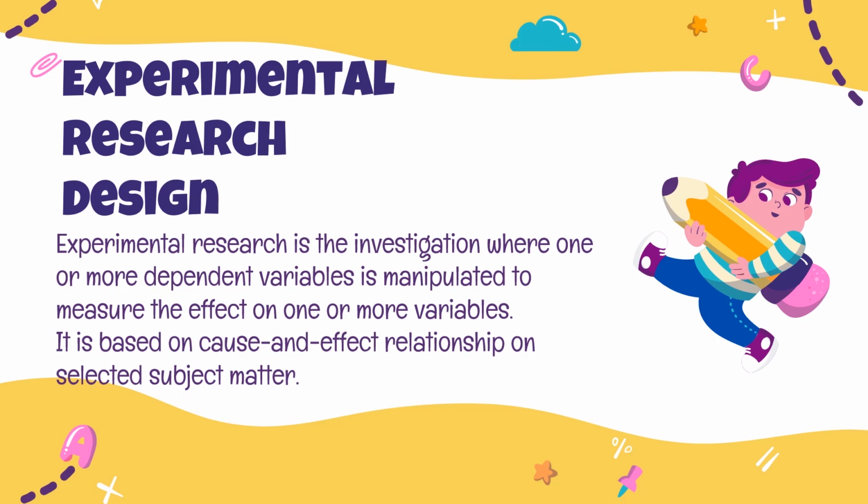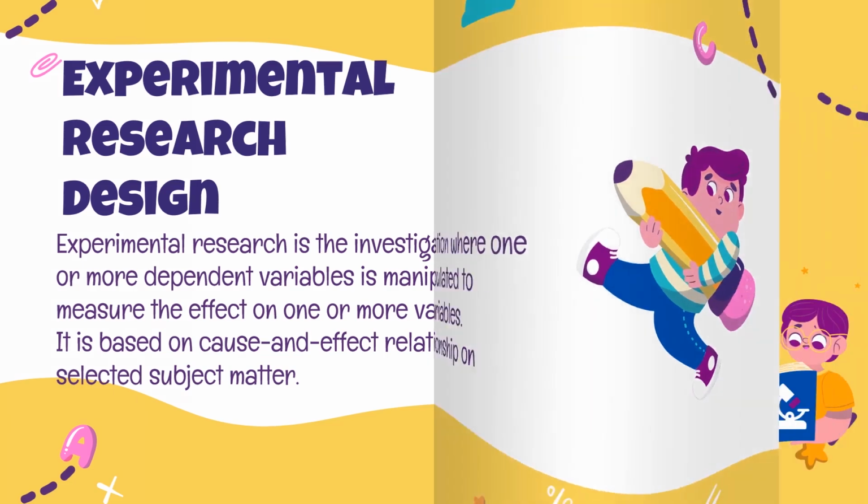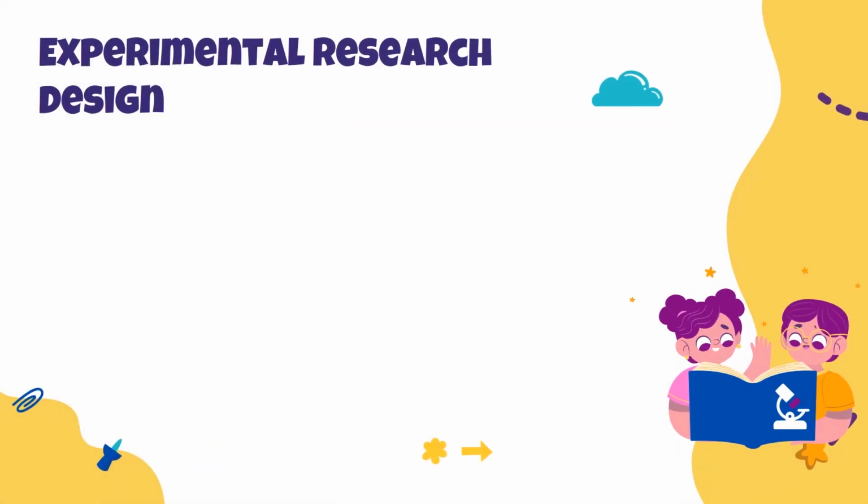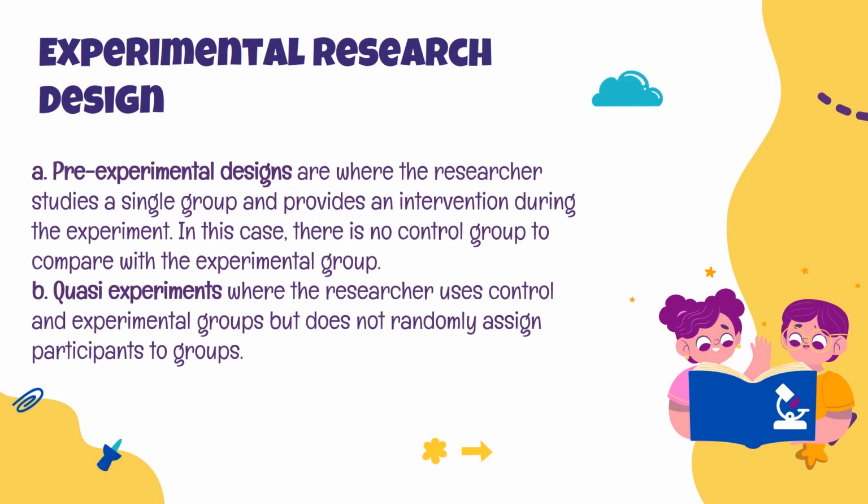There are different types of experimental designs. First type is the pre-experimental design. Pre-experimental designs are where the researcher studies in a single group and provides an intervention during the experiment.